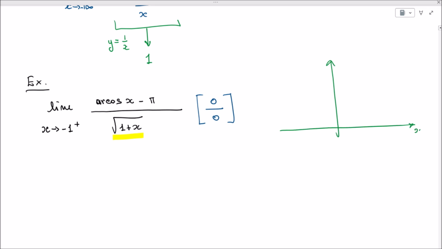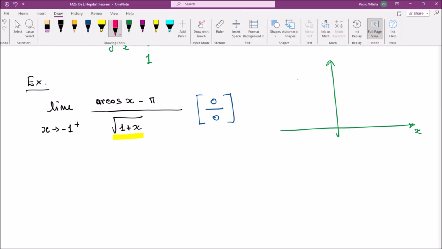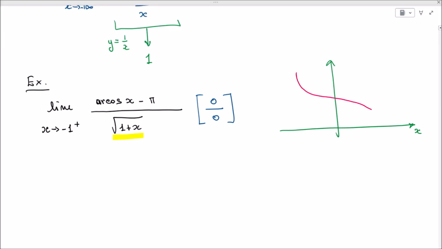Okay, if we have x, so the arc cosine function, something like this, where this is plus 1, this is minus 1, this is 0, this is pi over 2, and this is pi. Okay, so this is the arc cosine function.